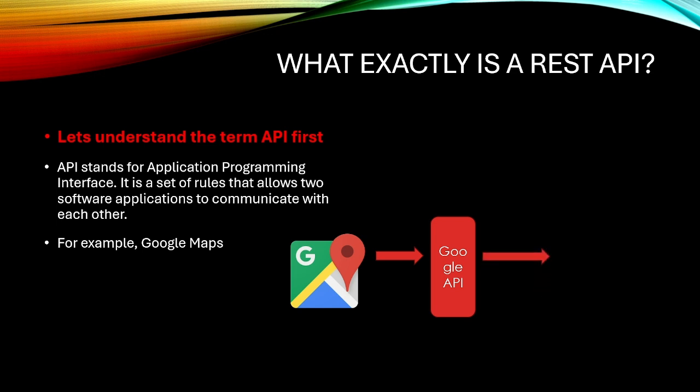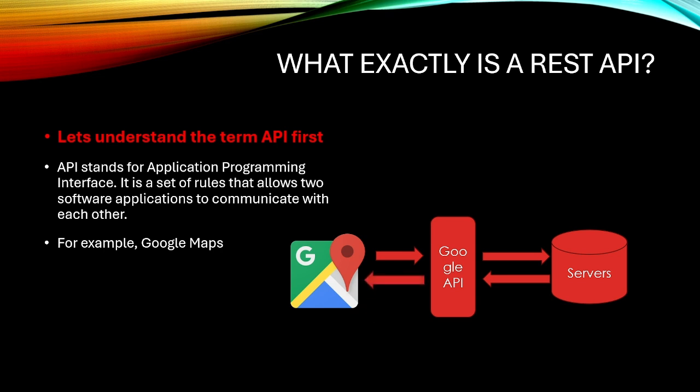That goes to the server where all the information about the coffee shops is stored. The API collects this information from the server and sends it back to Google Maps, and you see a list of coffee shops on your screen, complete with addresses, ratings, and photos.